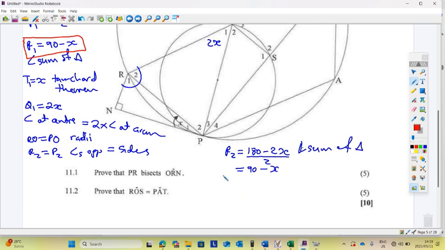So from there, we are saying R1 is equal to R2. Therefore, PR bisects that ORN. So what you were supposed to do here was just to determine the size of angle R1, and then you determine the size of angle R2.